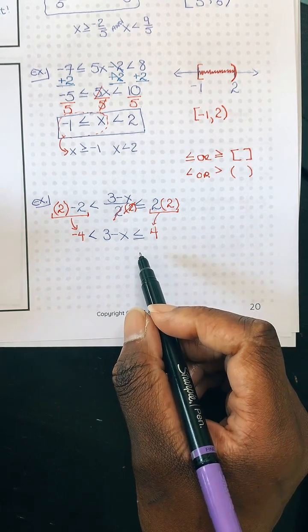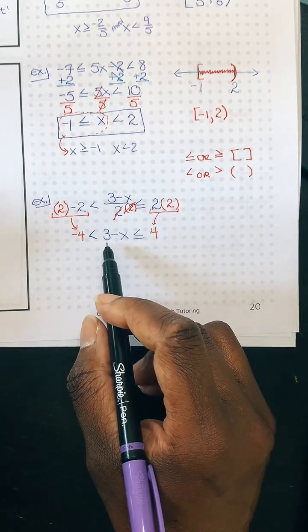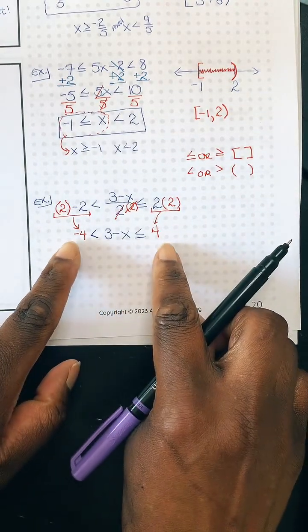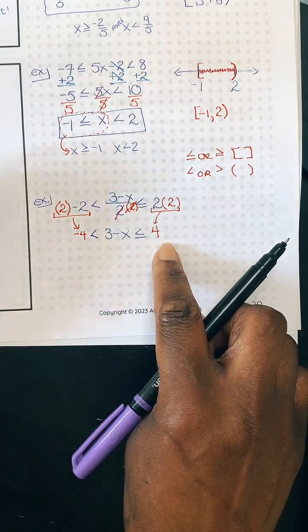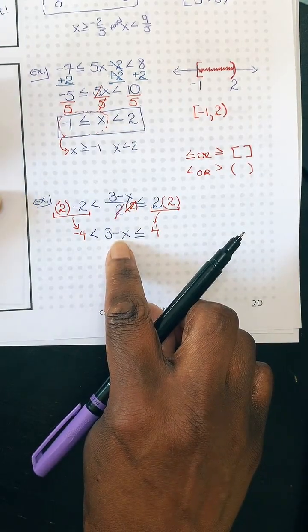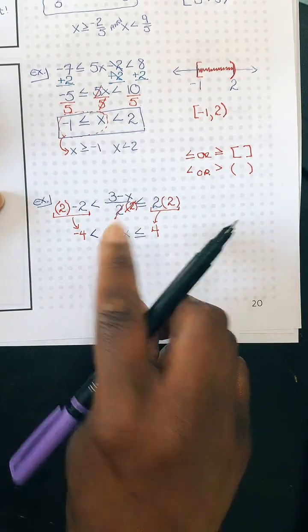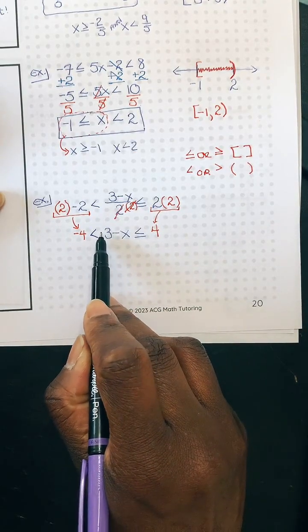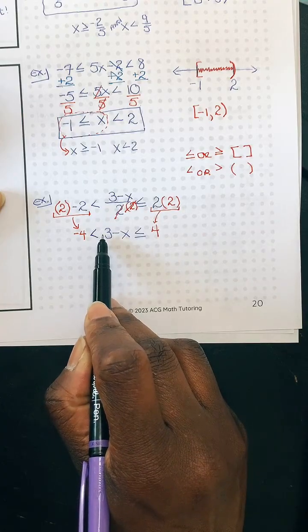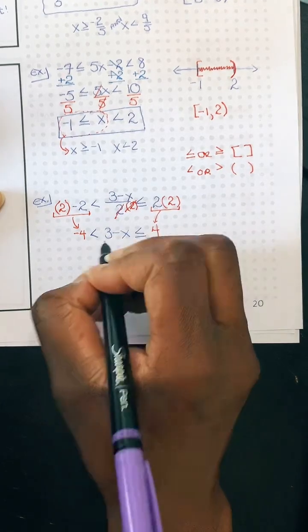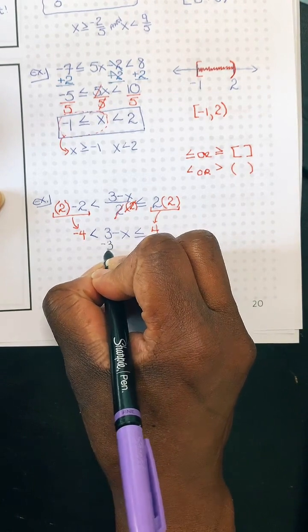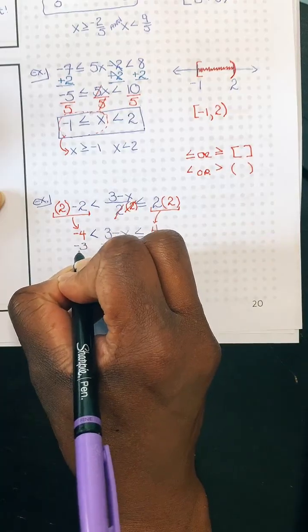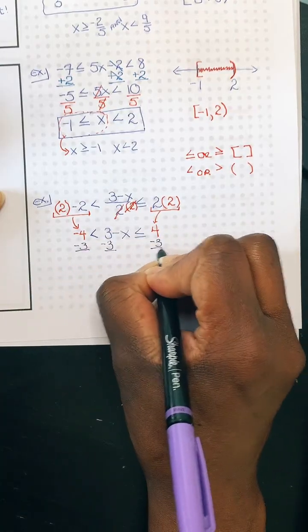Now, do we divide by 2? We're actually going to subtract because we're working from the inside out. So we're trying to isolate our variable in between. Since we have a positive 3, this minus sign is attached to the x, not to the 3. Signage is always to the left of the number. So since that's a positive 3, we're going to subtract 3 from all three areas: 1, 2, 3.